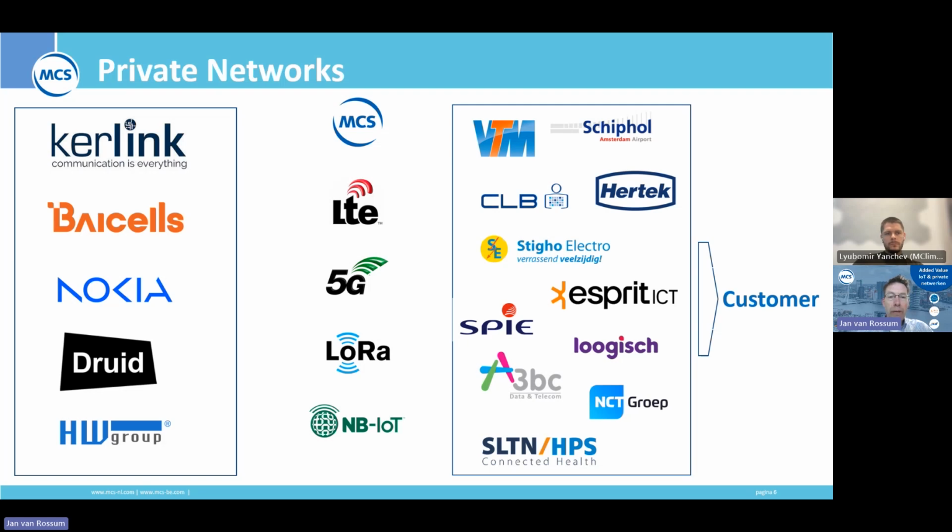For example, if you have a hospital or a care center, you can have your own private 4G or 5G network, where you can do all your business critical communication. That can, of course, be data, but also voice via voice over IP apps. So those are our two main areas of business: IoT solutions and private networks.